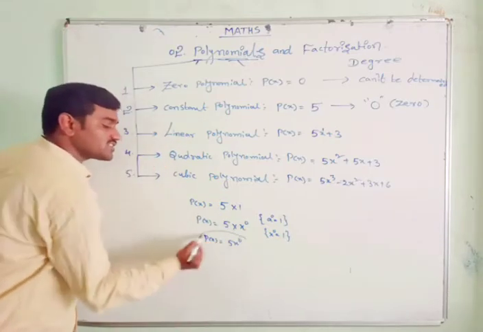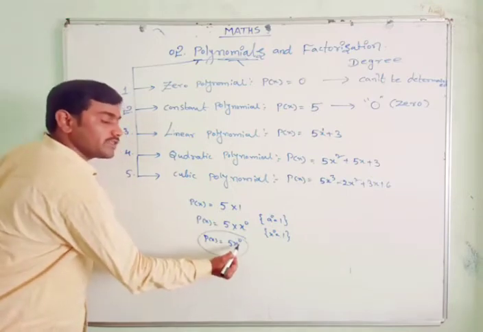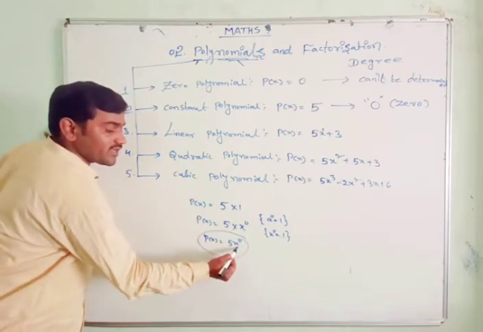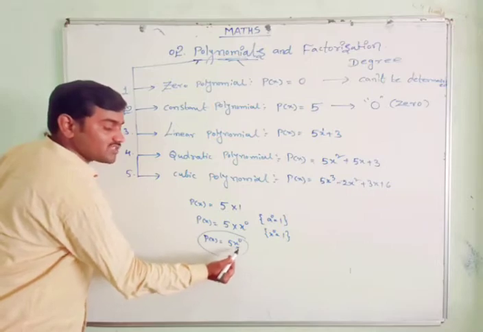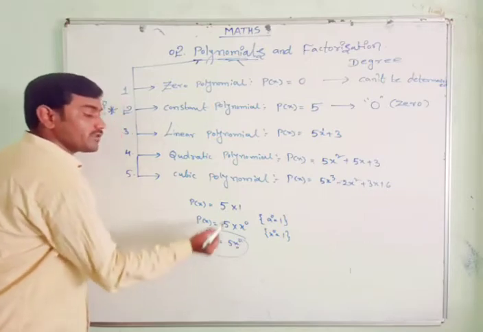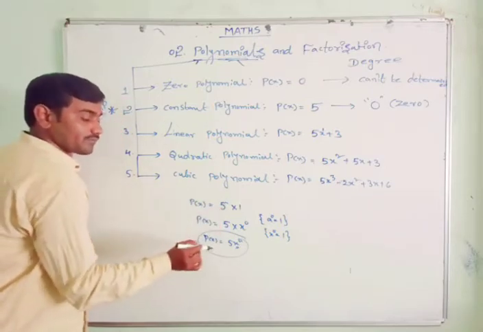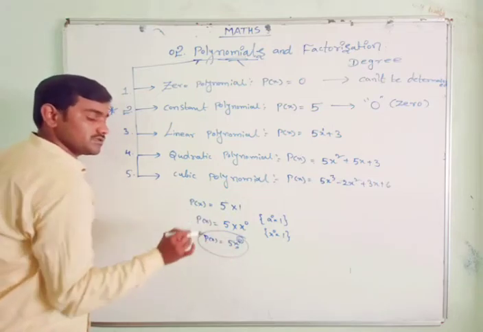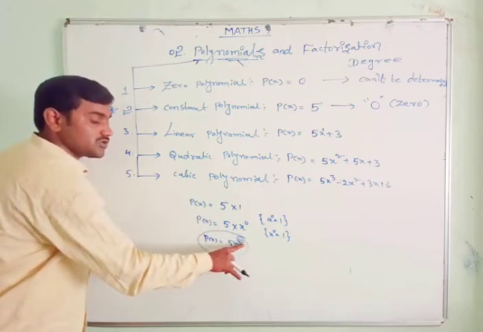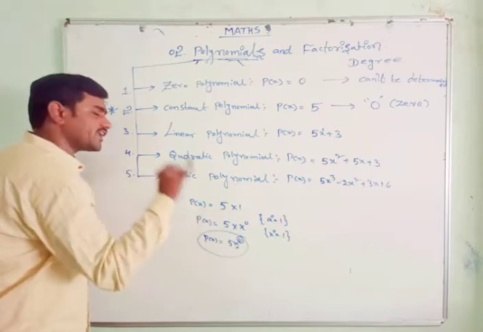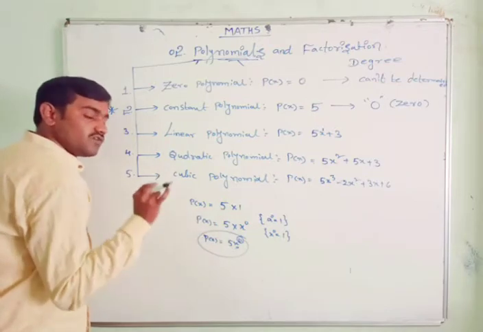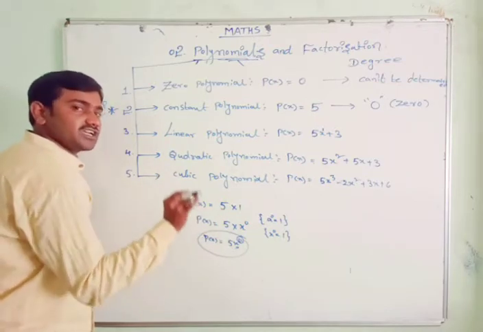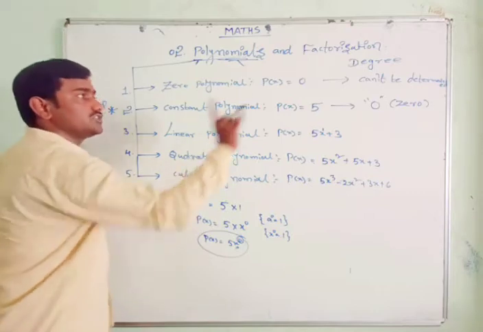What is the degree of this constant term now? Degree means the power of the variable. What is the variable here? x. And what is the power of this variable? That is 0. So the constant term 5 has degree 0. Not only 5, for any constant term the degree of the constant polynomial is 0.